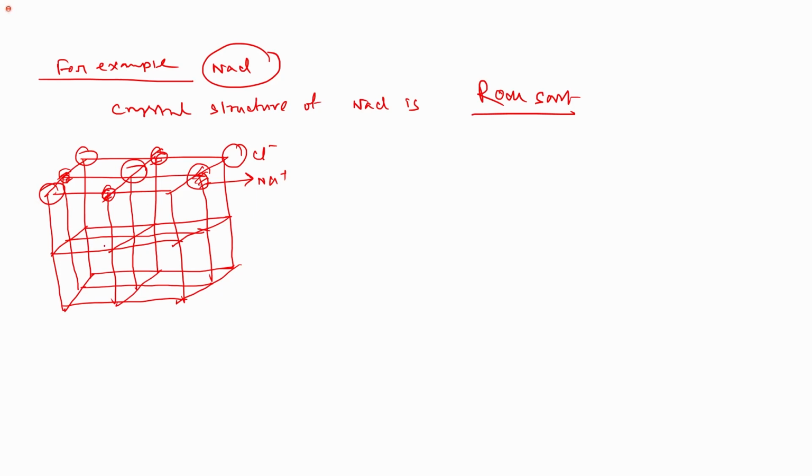So in this ionic salt, the sum of the electron gain enthalpy and the ionization enthalpy may be positive, but due to the release of energy on formation of the crystal lattice, it will be stabilized. What is happening here? Sodium is forming sodium plus, and this one electron is taken by Cl, forming Cl minus.